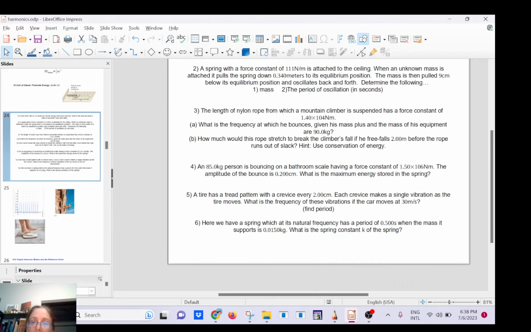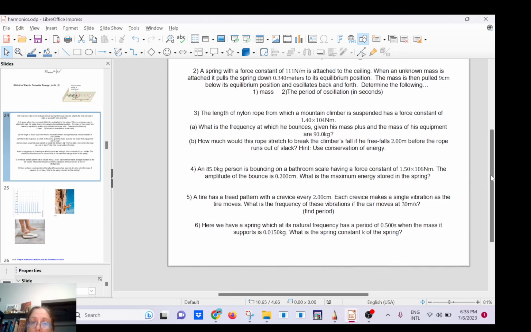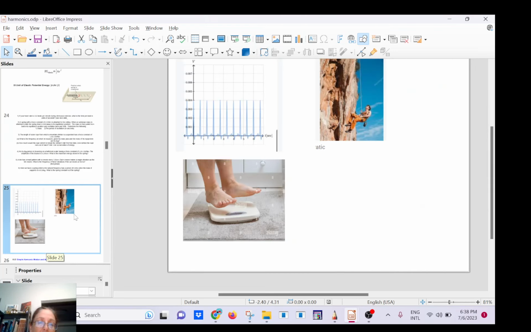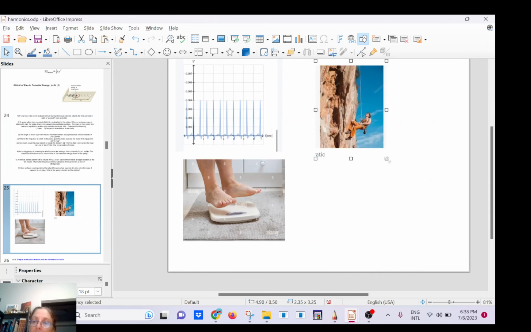Okay, so let's see. This one is a little bit harder. So it's someone climbing here. You can think of that rope here as being like a spring. So the person here is in equilibrium between, of course, the restoring force here and the weight.